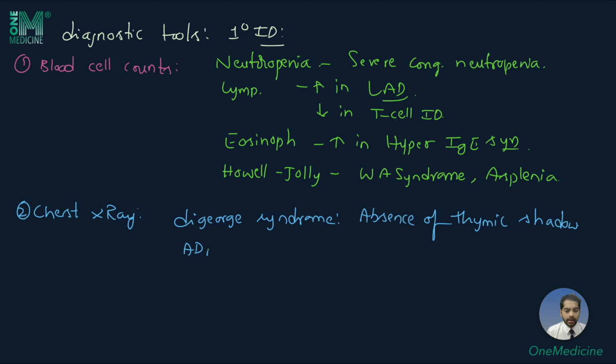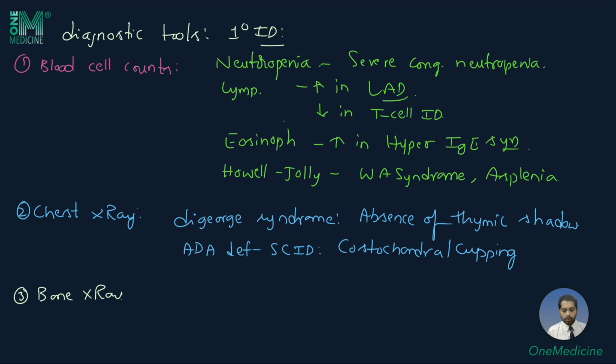In patients with ADA deficiency leading to severe combined immunodeficiency, there can be costochondral cupping. Bone X-ray to look at the metaphyseal ends is performed in cartilage hair hypoplasia.